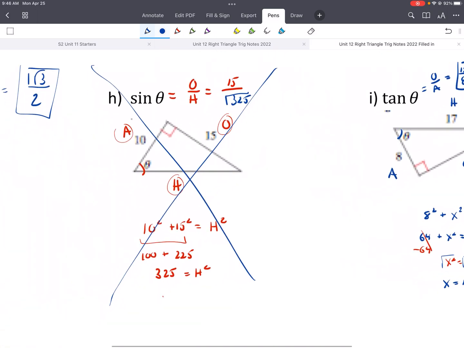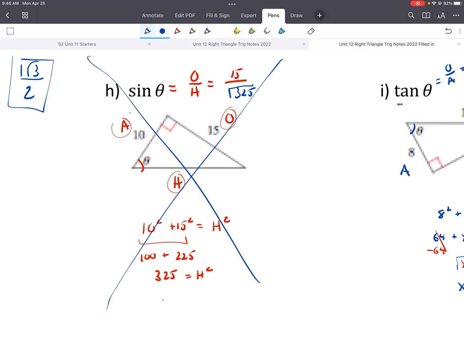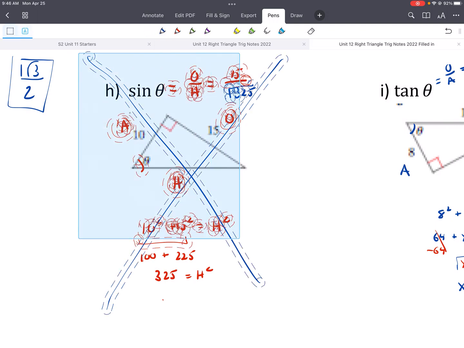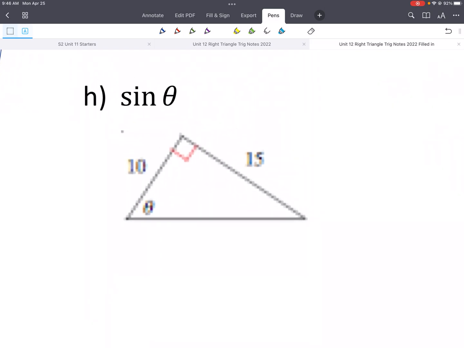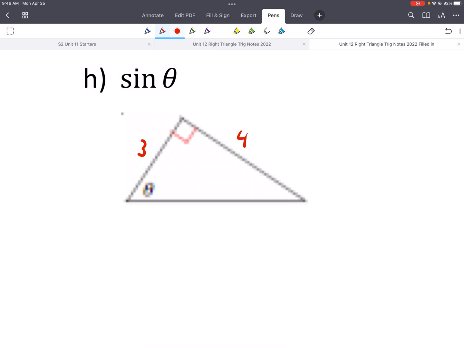Okay? So we could have changed this. I probably changed it to something else. Maybe we can do that really quick so that we have another example. Okay. So here, let's keep it nice and easy. We'll make this be 3. We'll make this be 4. Okay. So we still have our H, O, and A. We said sine is O over H. So we need to find what H is.